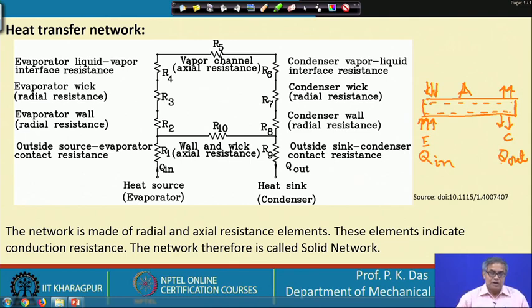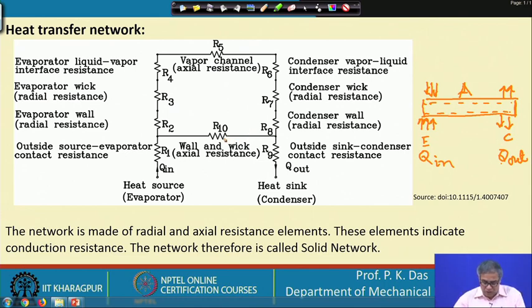So, this is what we get for the thermal network. Let me tell you, there are many other thermal networks taking into account different aspects. Suppose we have shown there is only one resistance from the evaporator to the condenser through the wall and the wick, but one can have three different resistances, all in series: one in the evaporator, one in the adiabatic section of the tube, and another in the condenser.